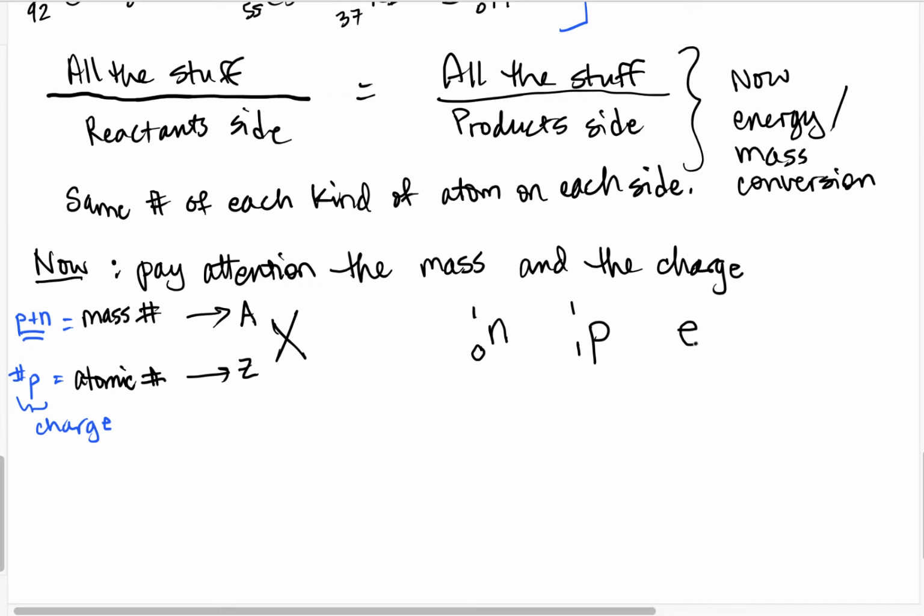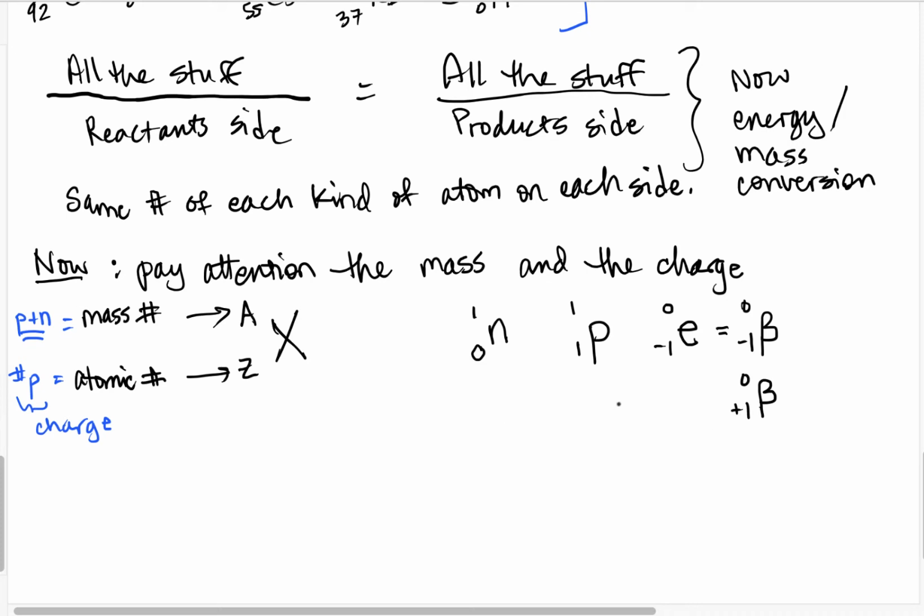We have electrons that have no protons or neutrons, but a charge of -1. We might also call this a beta particle, which is the same thing. And we can also have a positron, which is the opposite of an electron, an anti-electron. And so that's going to also have no mass, but a charge of +1.